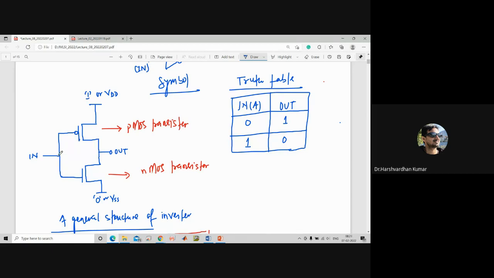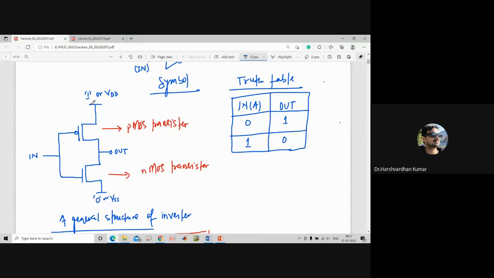However, if you apply logic 0 to the PMOS transistor, it will be inverted, right? This is the bubble. So due to the bubble, the input here will be 1. So for 0 volt, the PMOS transistor will turn on.